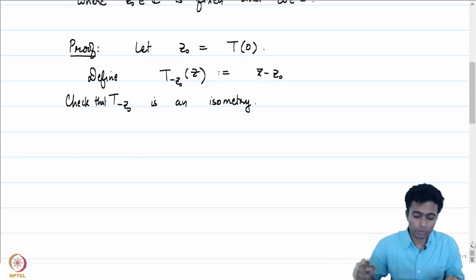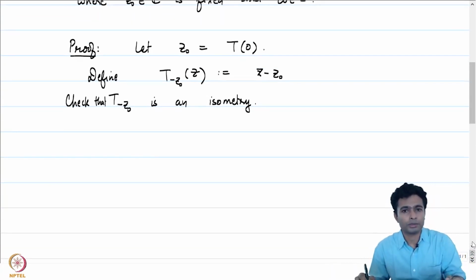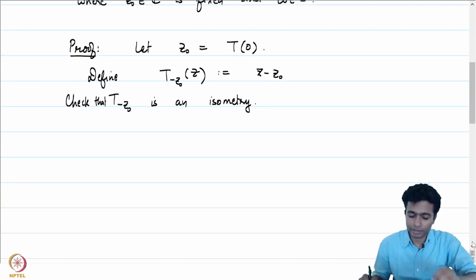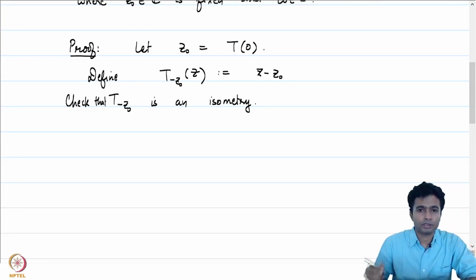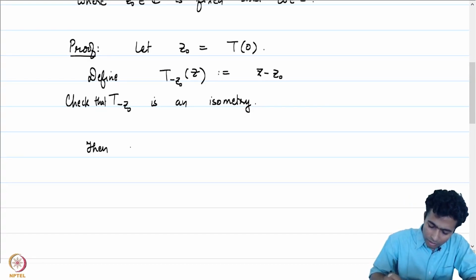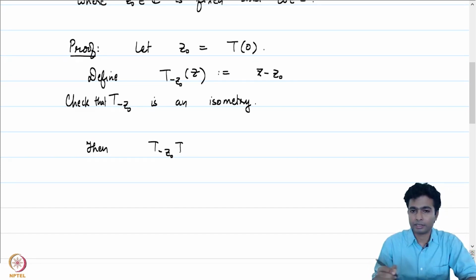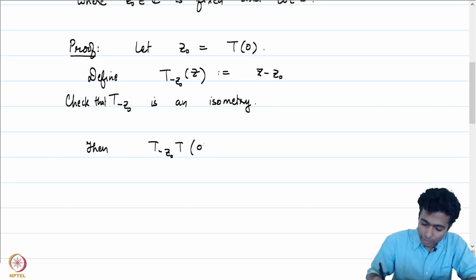And we already know that if you compose isometries, then we get back an isometry. Then let's do one thing. Let's compose the isometry T minus z0 with our isometry T, and then check what T minus z0 composed with T at the point 0 is going to look like.